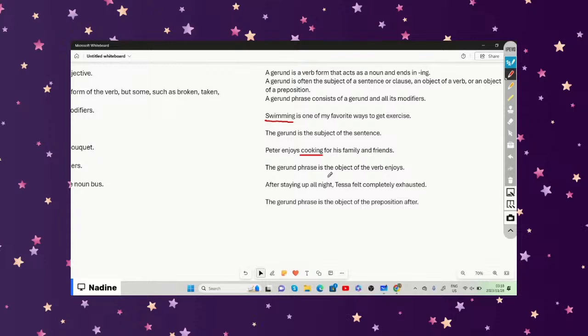And after staying up all night, Tessa felt completely exhausted.